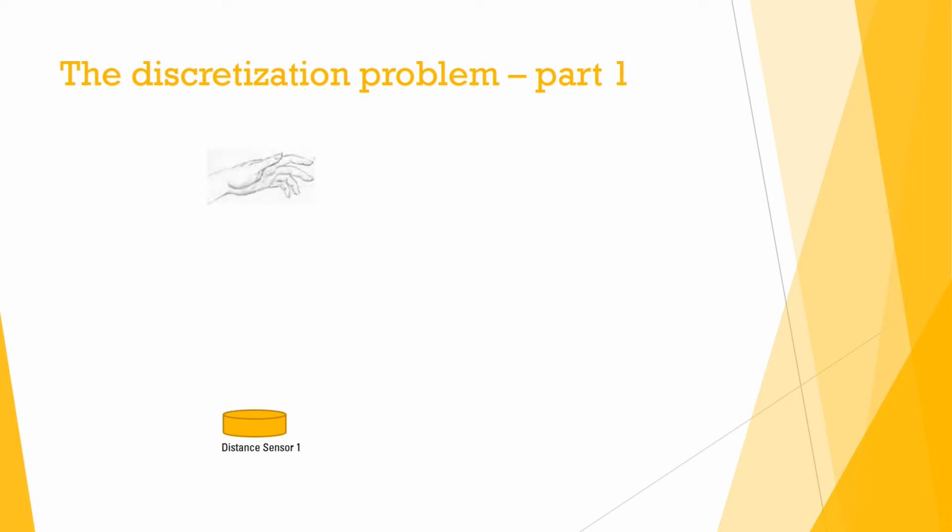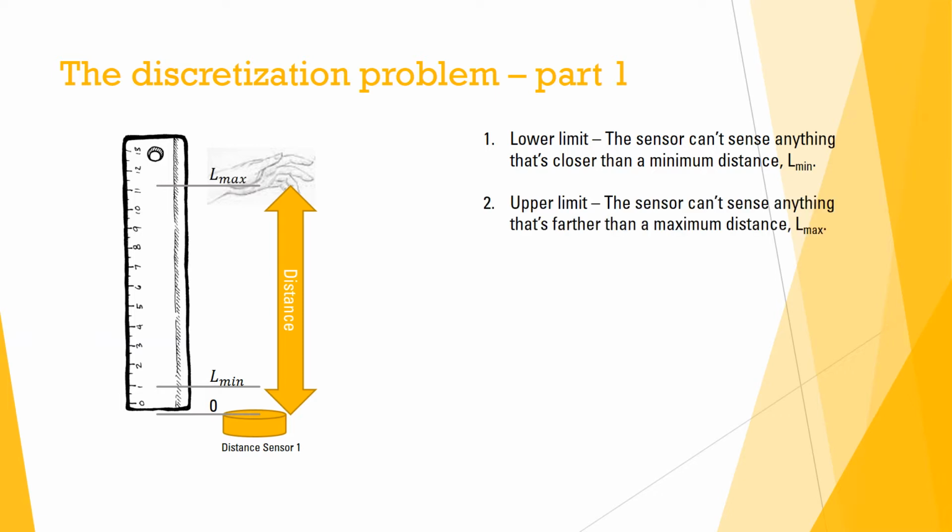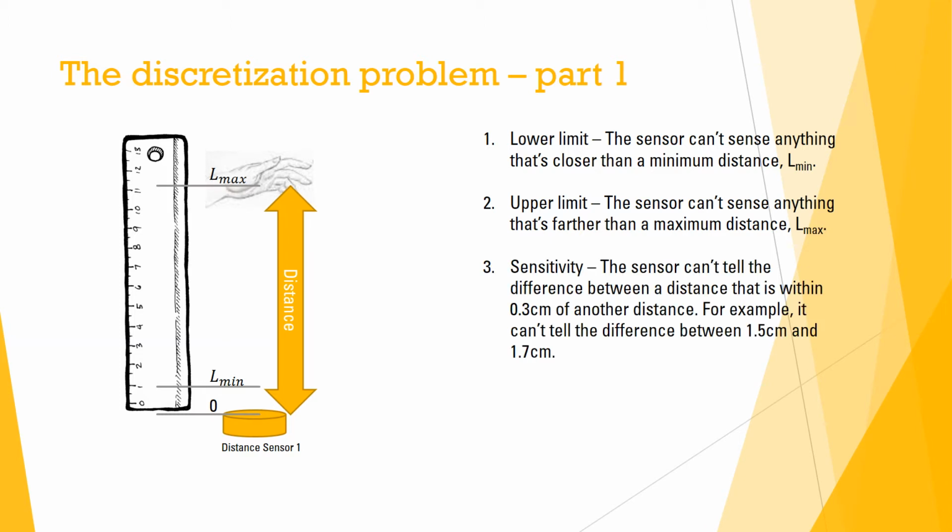You would need to read these values off of the spec sheet that accompanies the device. In the case of the distance sensor, the values we will be working with are Lmin, which is the lower distance limit that it can measure. So your sensor will not read anything below Lmin. It cannot differentiate or read anything above Lmax. It'll max out at that value.